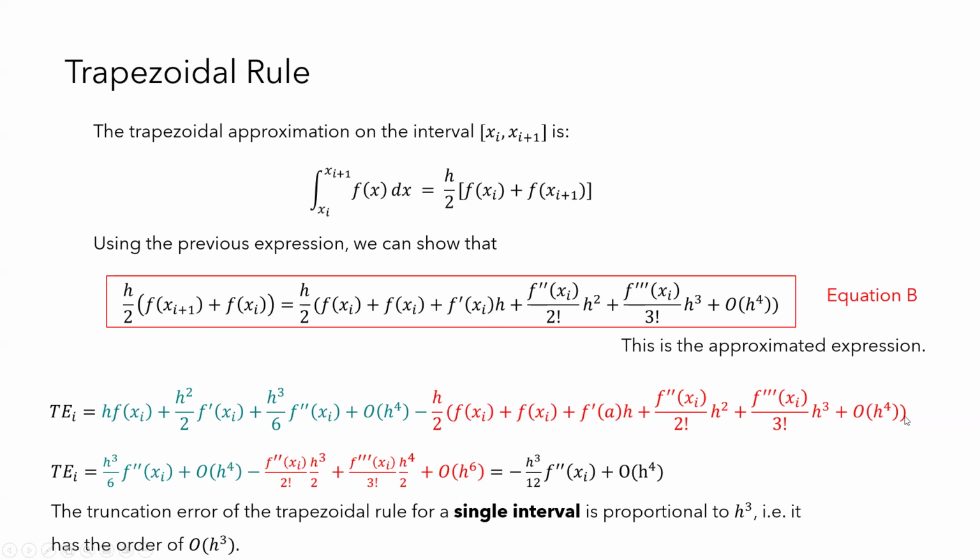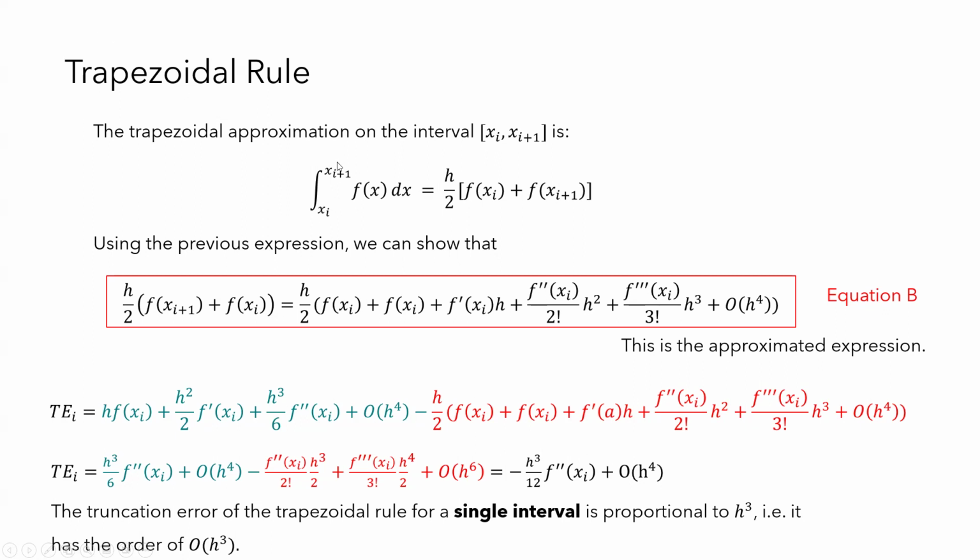From equation A and B, and then if I simplify this, these f of xi and f prime xi terms will be cancelled out, because these have the same values in both expressions, in this blue and red. So finally, you can show that the leading term of the error is associated with f double prime, or the second derivative.